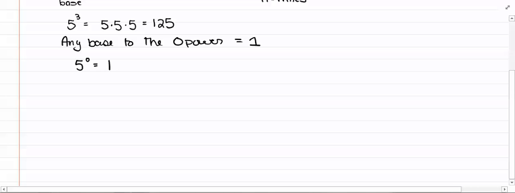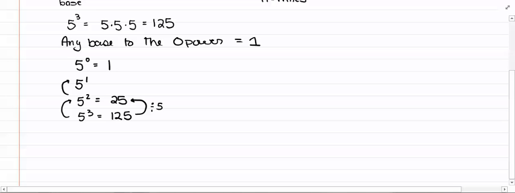And the reason for this is, let's think about a pattern here. If I have 5 to the 3 is 125, 5 to the 2 is 25. To get from here to here, we drop it by a degree, we went from 3 to 2, and we divide by 5. Drop it by a degree again, and we divide this number by 5.